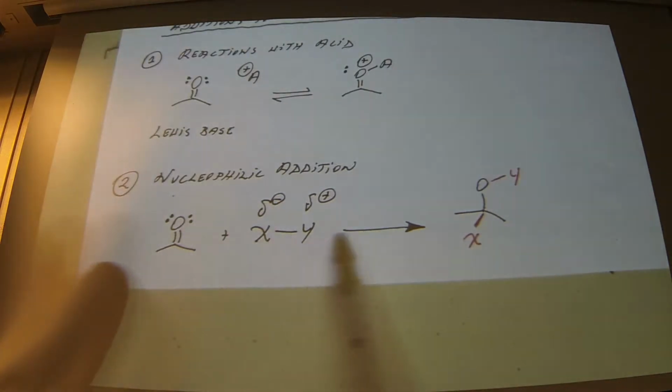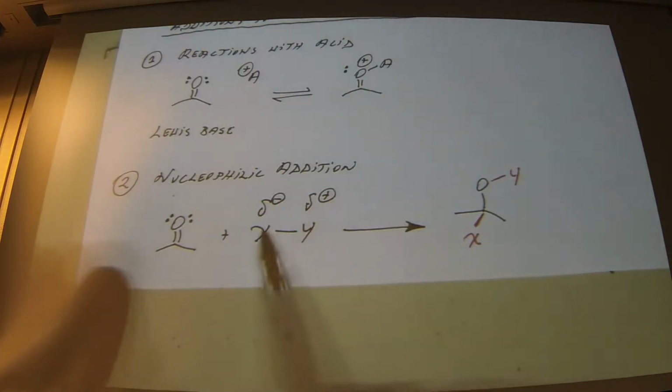And then nucleophilic addition usually involves a charged species like this, where Y is typically a metal or proton, and you end up adding XY across the double bond.